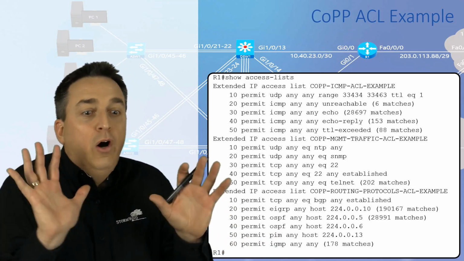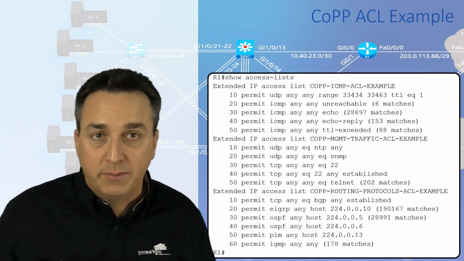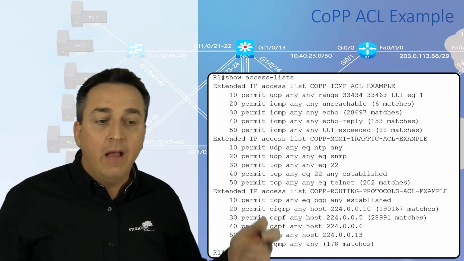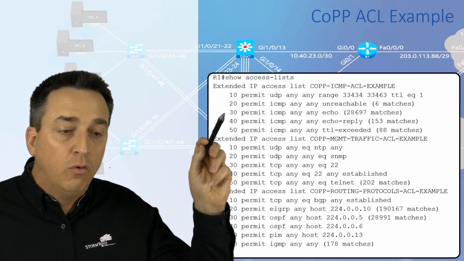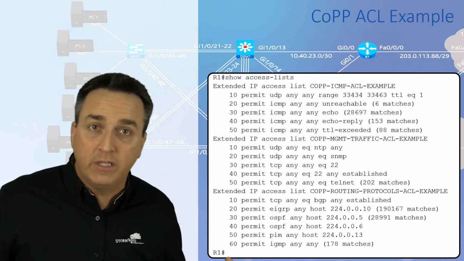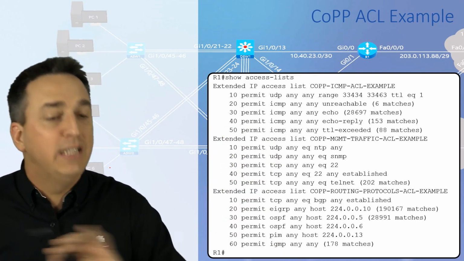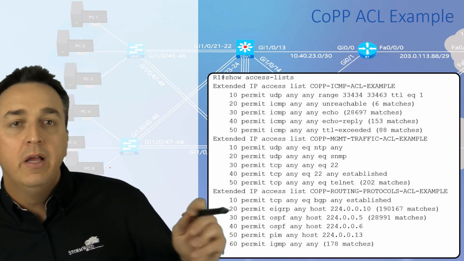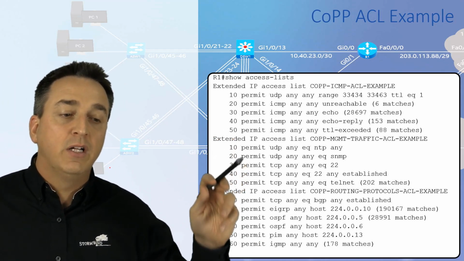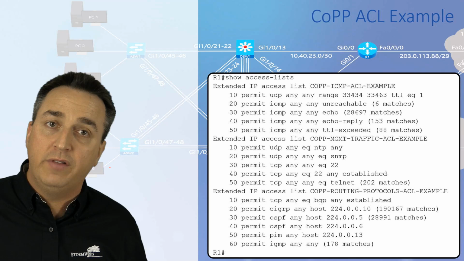So there are millions of different possible combinations you can go with, right? If you wanted to treat every single one of these traffic types differently, well, then what does that mean for you? It means you're going to have a different class map for each and every single one of these.